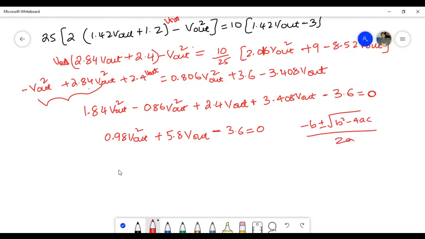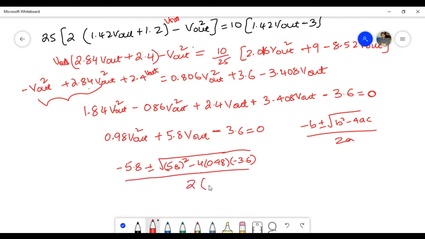So b is 5.8, minus 5.8 plus or minus the square root of 5.8 square minus 4 into 0.98 into minus 3.6, by 2 into a, which is 0.98. So just tell me the final answer, please.